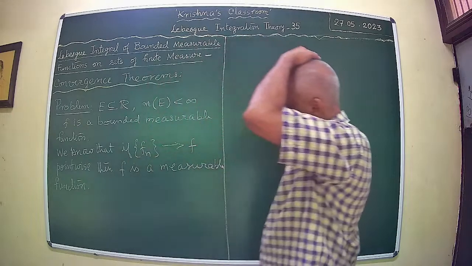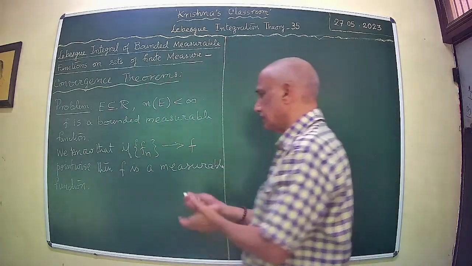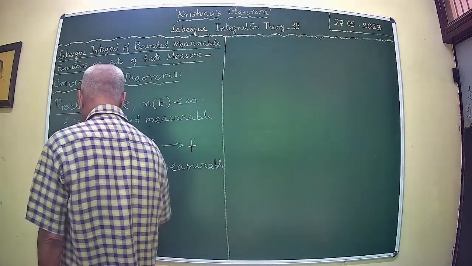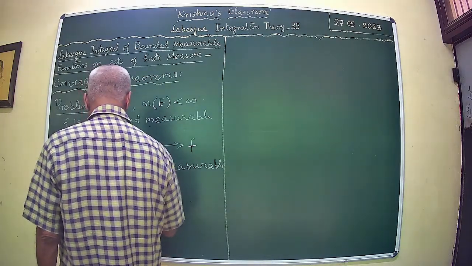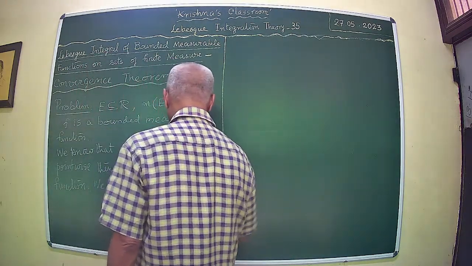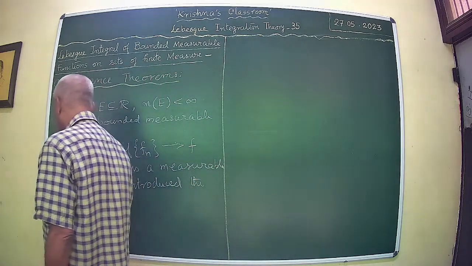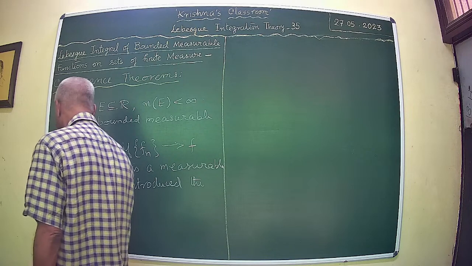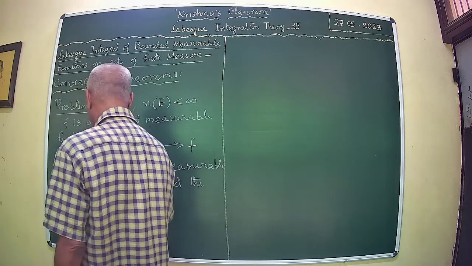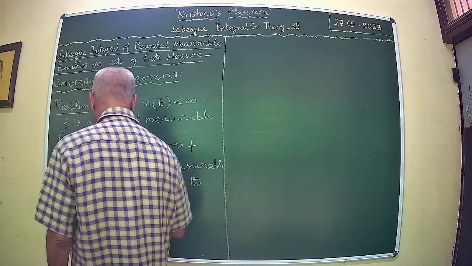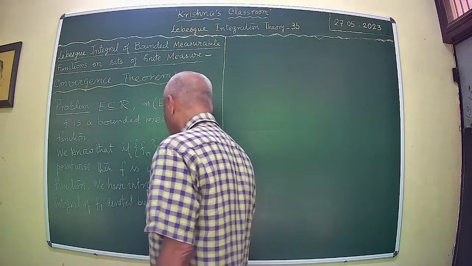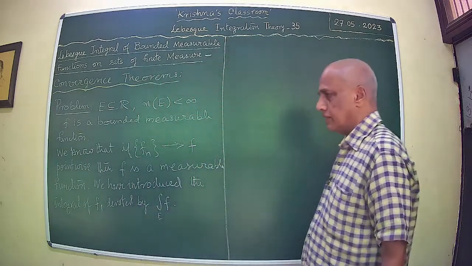Now, what have we done so far? In the last lecture, we have introduced the integral of F, denoted by integral over E of F, which is of course a scalar.